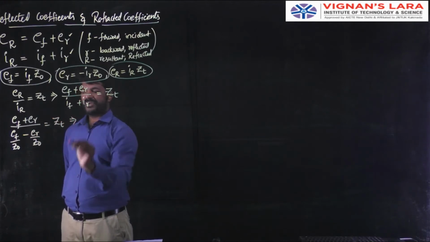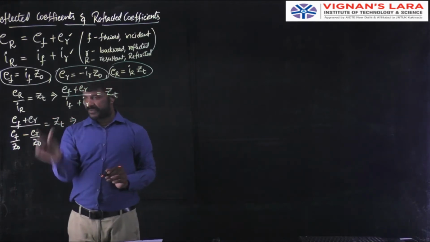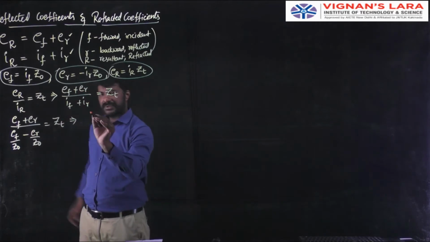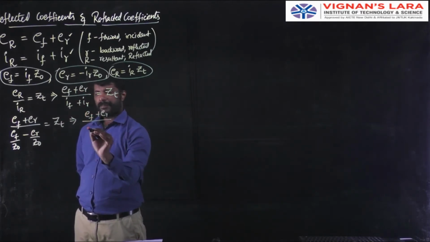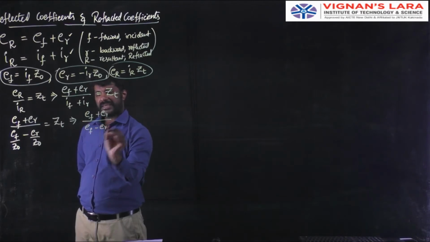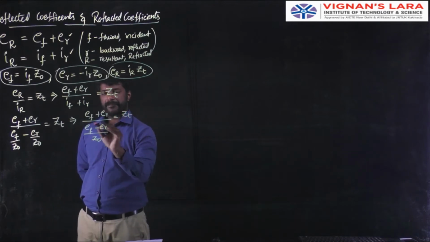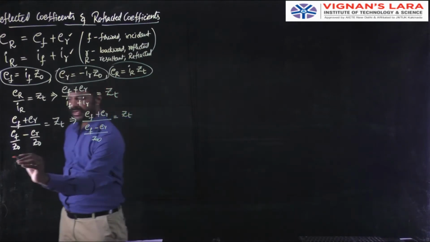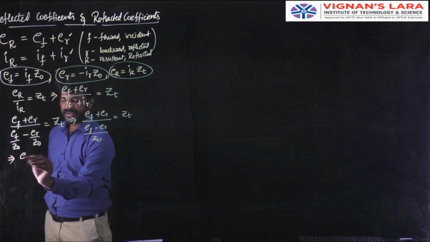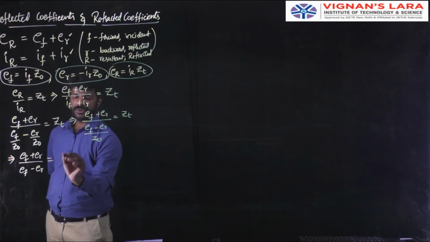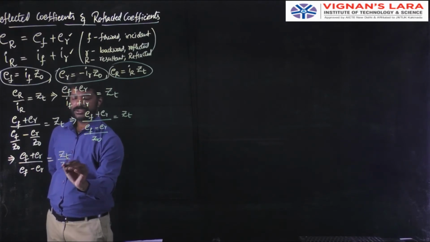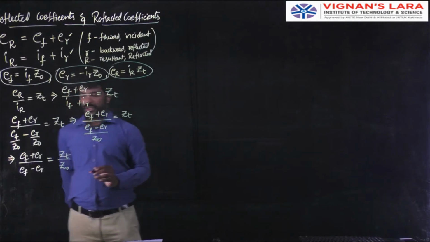For further simplification, if you take the LCM and simplify, we can write EF plus ER divided by EF minus ER by Z0 is equal to ZT. Rearranging the terms, EF plus ER by EF minus ER is equal to ZT by Z0.